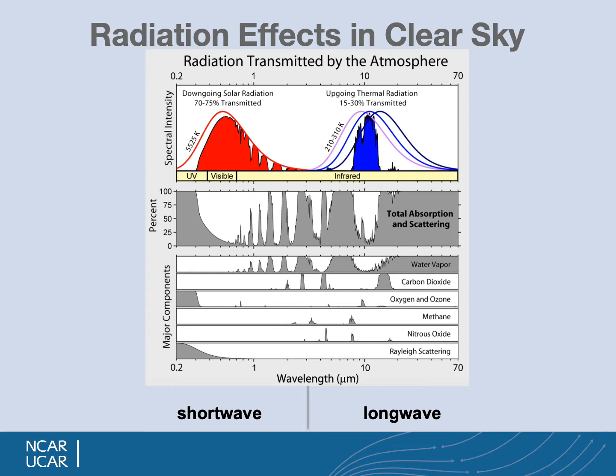The shortwave and long wave spectrum are divided into two parts, really, for the model. The shortwave is incoming from the sun and has this spectrum with a peak less than 1 micron. The long wave spectrum peak is around 10 microns and is basically the long wave emitted from the Earth.